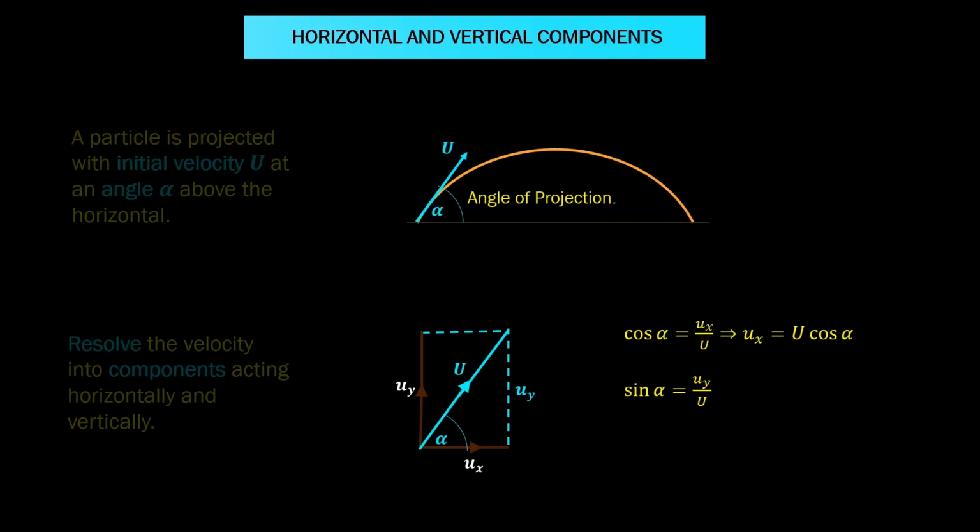From the first equation, we have that ux equals u cos alpha, and from the second equation, we have that uy equals u sine alpha. So we can replace ux and uy as shown by u cos alpha and u sine alpha.